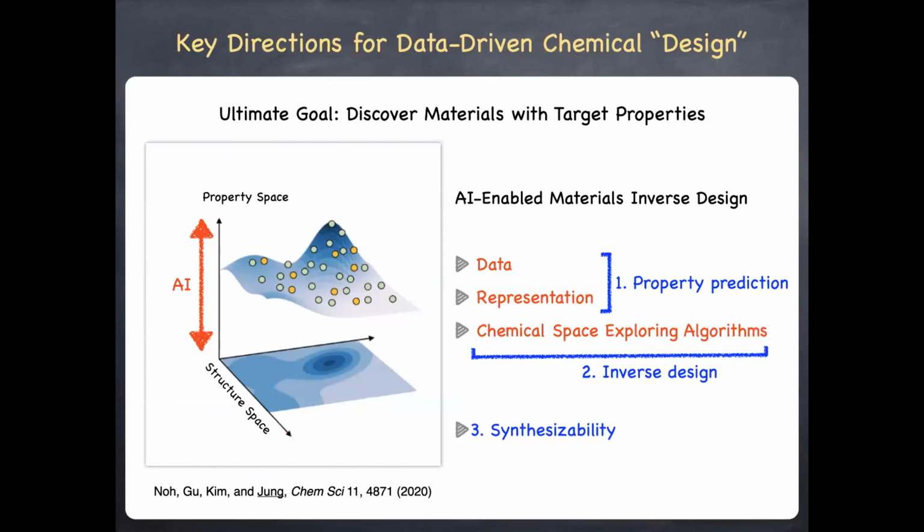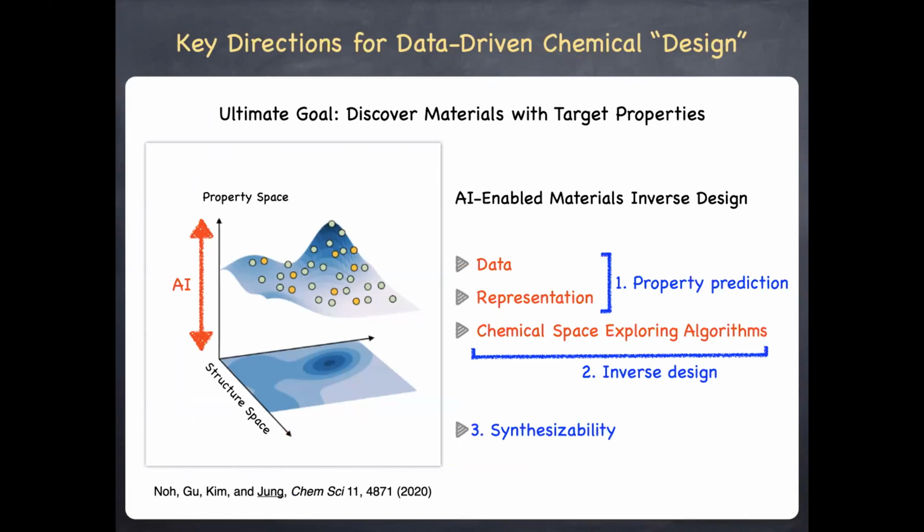And if I summarize them again, there are basically three categories where machine learning can be applied in chemical science, namely property predictions, exploring chemical space, and synthesizability.